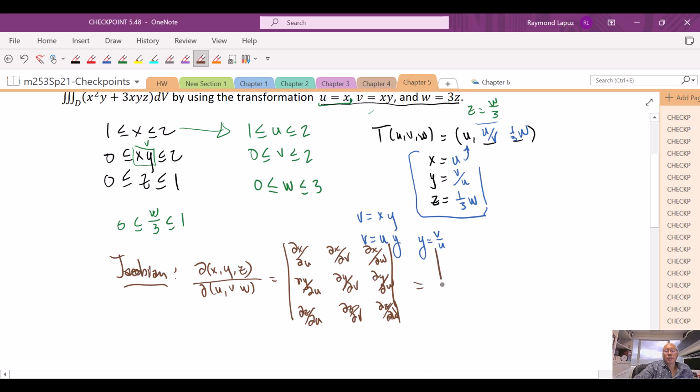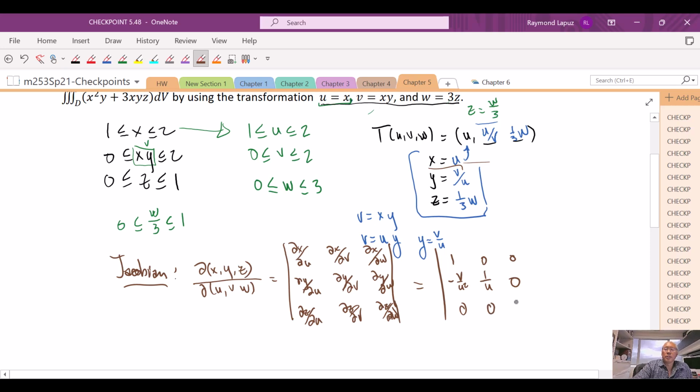Okay, what are those? The derivative of x with respect to u is 1, and there are no other variables there, so those are going to be 0. The derivative of y with respect to u: the derivative of 1 over u is negative 1 over u squared, and then we have a constant v. The derivative with respect to v is just 1 over u, as if u was a constant, and then there's no w in this last one.